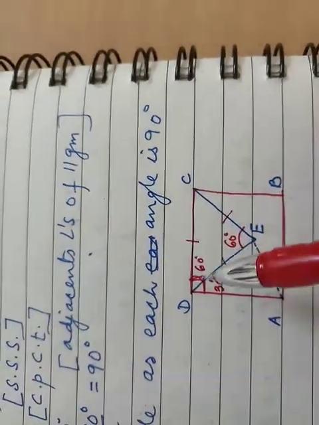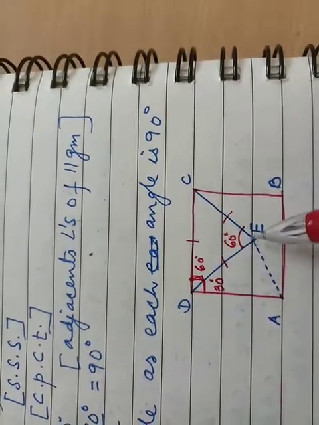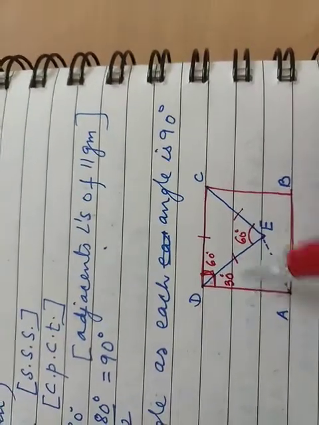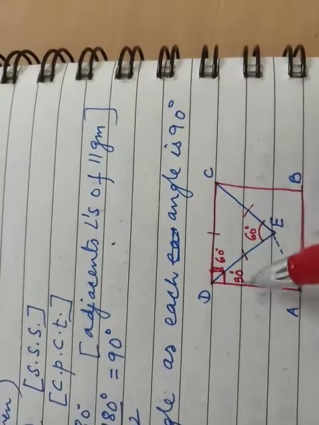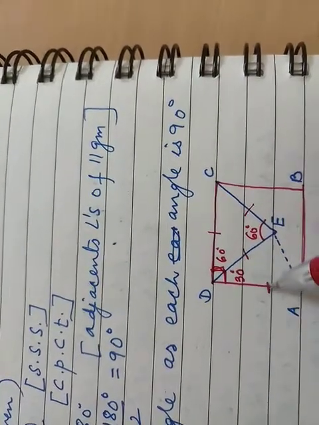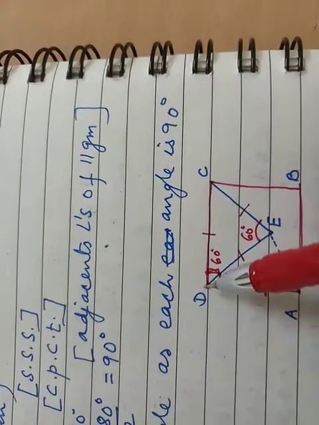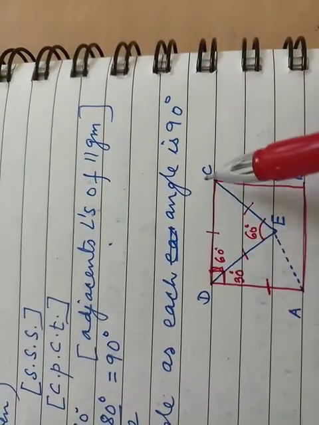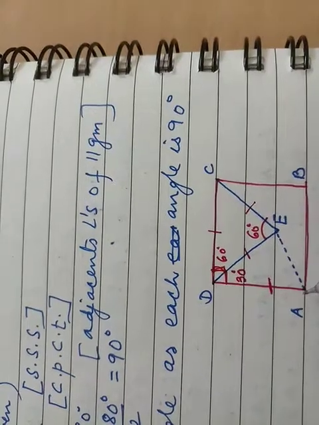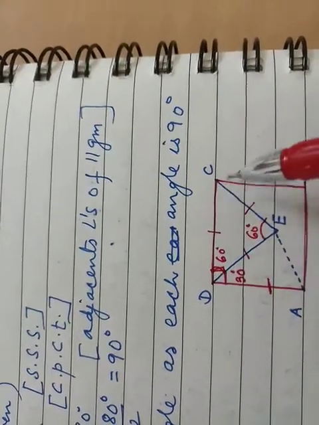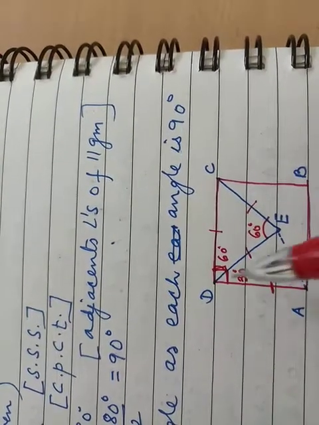Now we come to triangle ADE. As this side and this side of the triangle are equal, because this side is a side of a square as well as of the equilateral triangle, and this is also a side of a square. So we know that the sides of a square are equal.